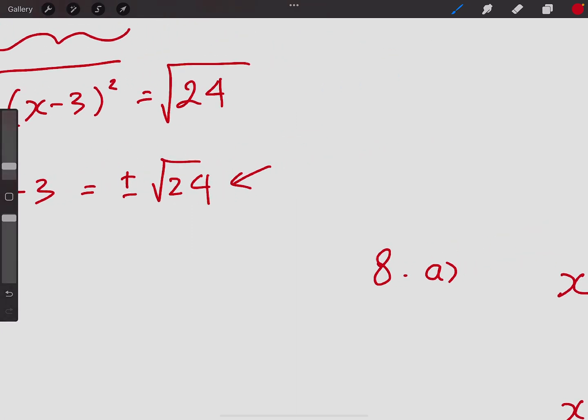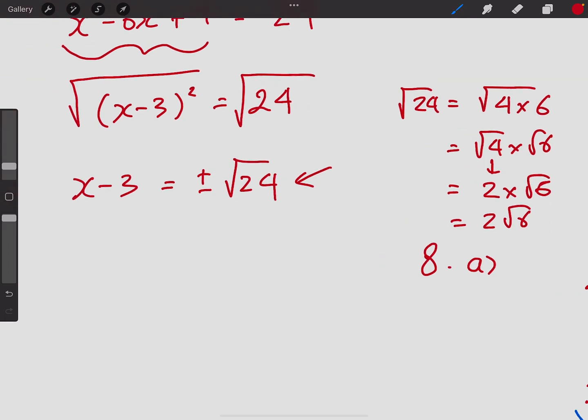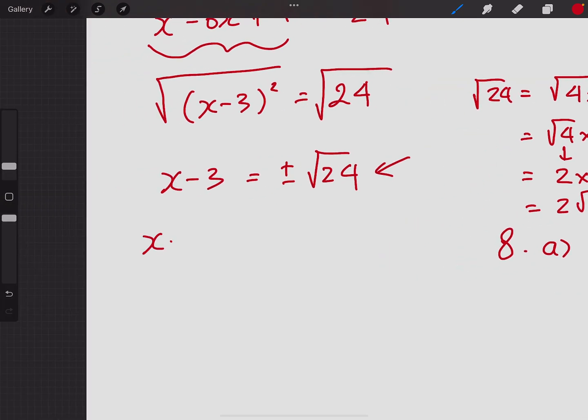Now the square root of 24 is equal to the square root of 4 times 6, which is the square root of 4 times the square root of 6. The square root of 4 is 2, so that's 2 root 6. So x minus 3 is equal to plus minus 2 root 6.